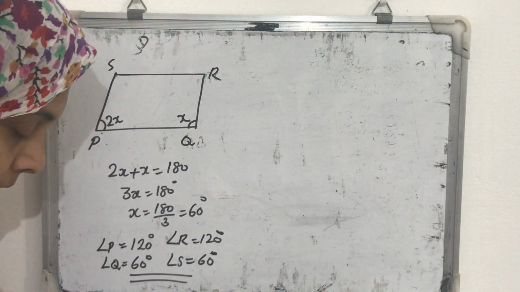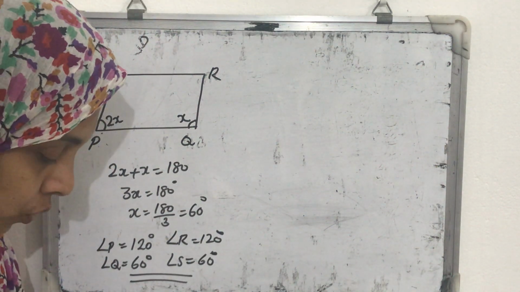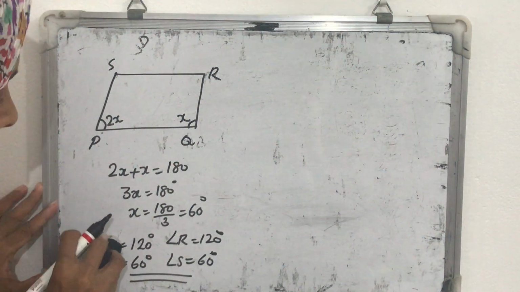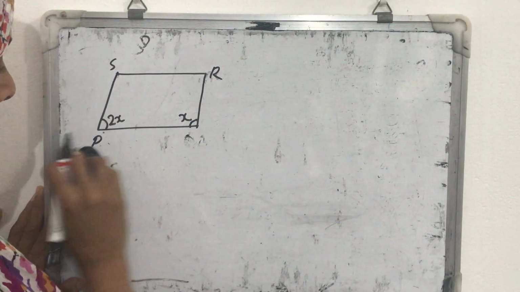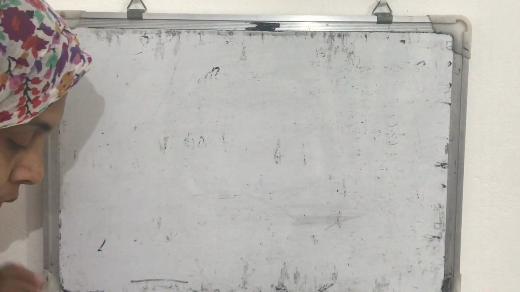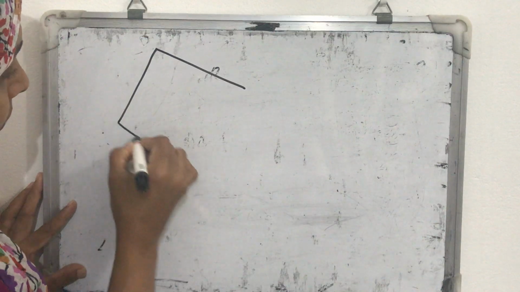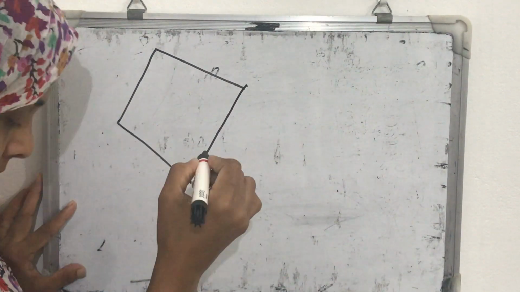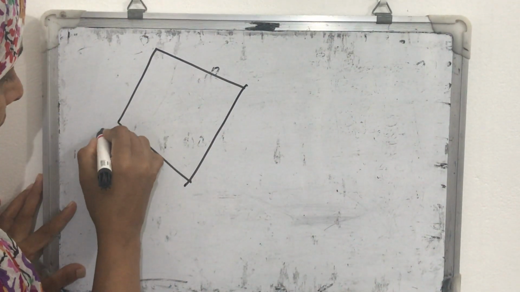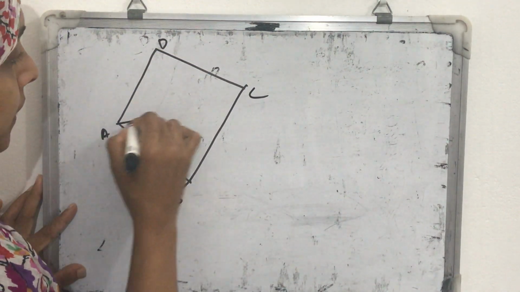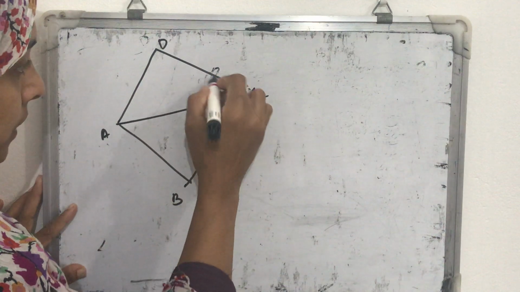Then third question, the diagonals of a rhombus are 12 cm and 16 cm. Find the length of one side of the rhombus. The lengths of the diagonals are given for a rhombus named ABCD.